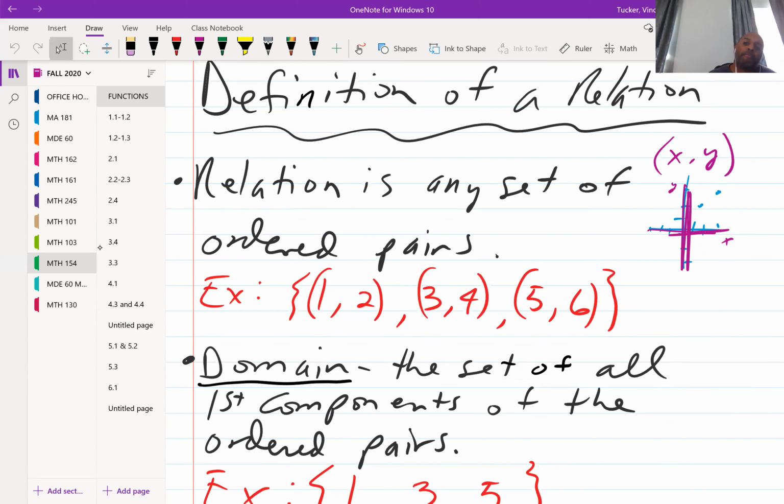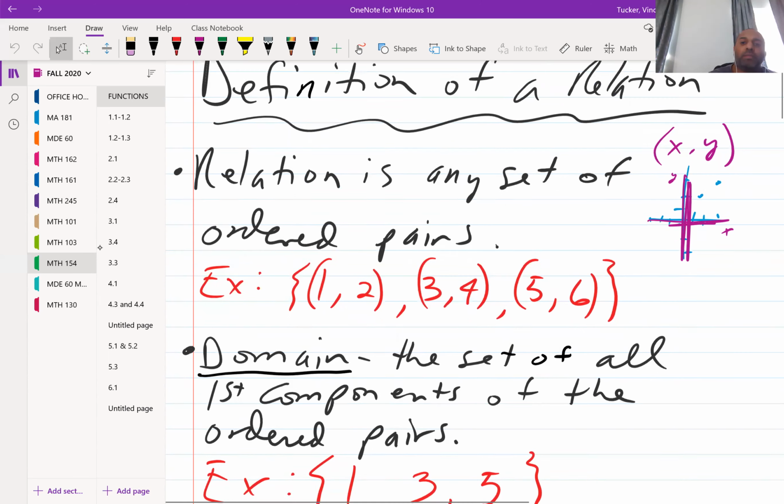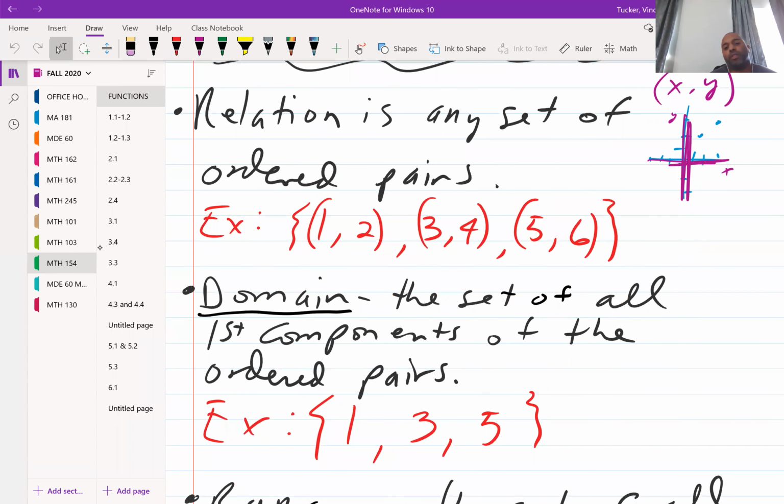All right. The domain is going to be the set of all the first components of the ordered pairs. So when I look at (1, 2), (3, 4), (5, 6), 1, 3, 5 would be your domain, just the first component of each ordered pair.